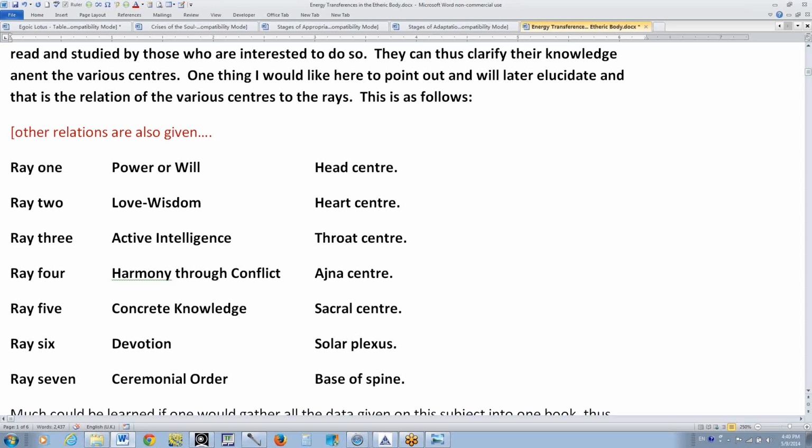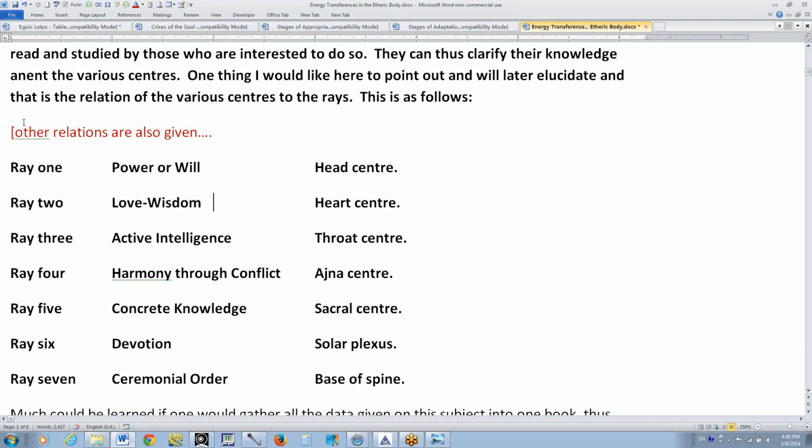However, other times we have the first ray expressing through the base of the spine, through Pluto, and also Mars. Other times we have the fourth ray expressing through Mercury. So 1, 4, and 7 are all found expressing through the base of the spine, but I think we can understand the appropriateness of the seventh ray here.